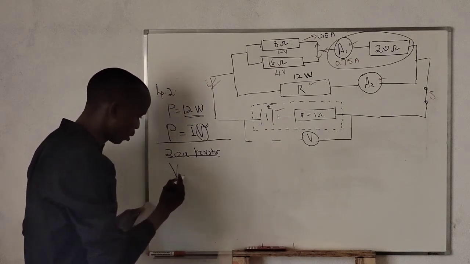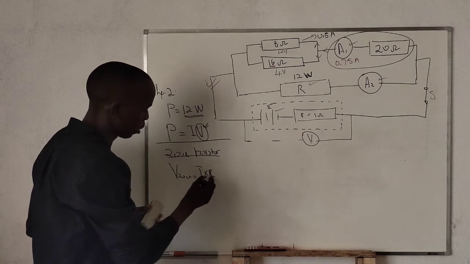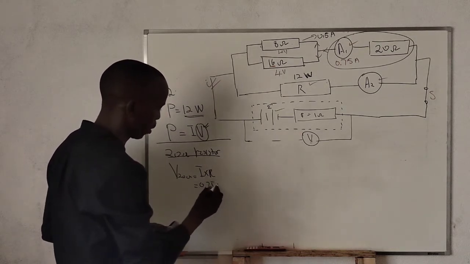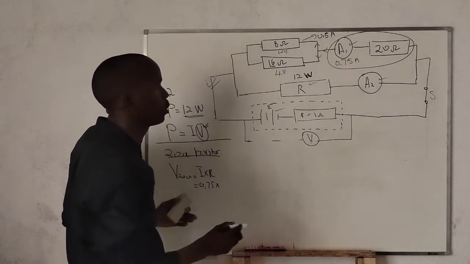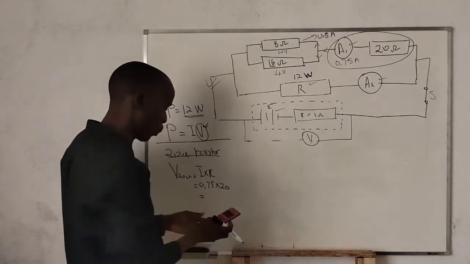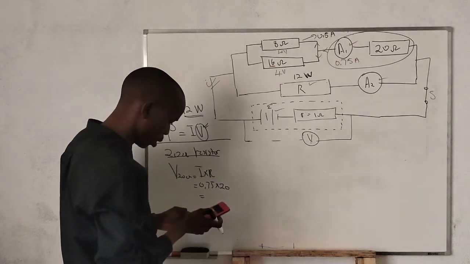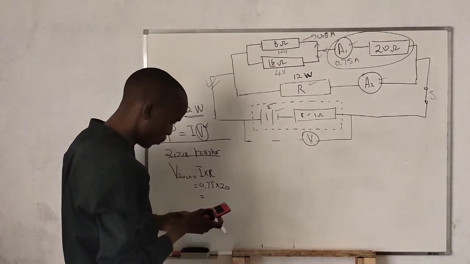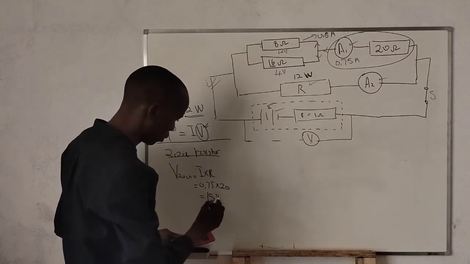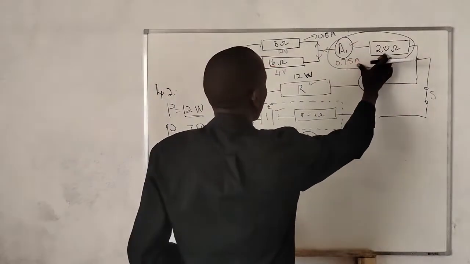The current is 0.75 times the resistance, which is 20 ohm. 0.75 times 20 is 15. The voltage here passing through this is 15 volts.